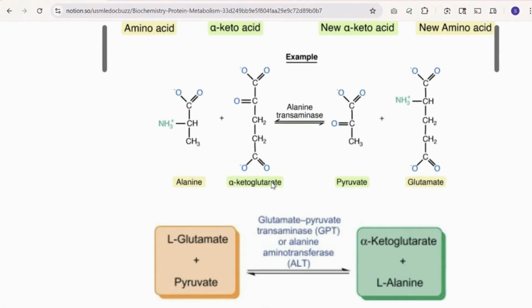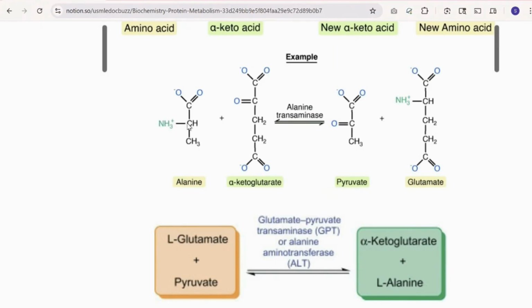So you see what happened here is alanine ended up giving this ammonium to alpha ketoglutarate, making glutamate, right? Whereas the alanine itself ended up getting a ketone group attached to it and became a pyruvate. Okay, that is ALT. That's the function of ALT, right?